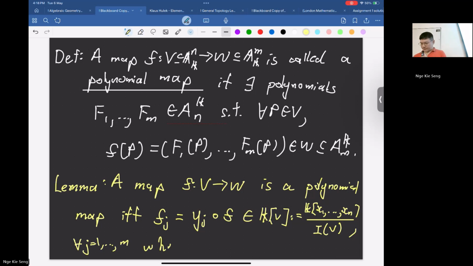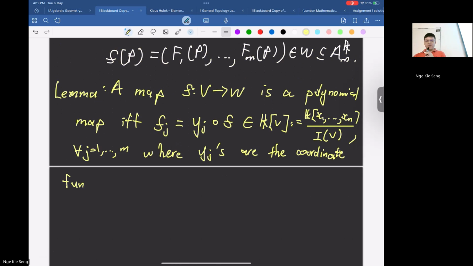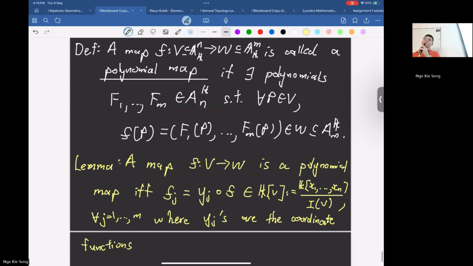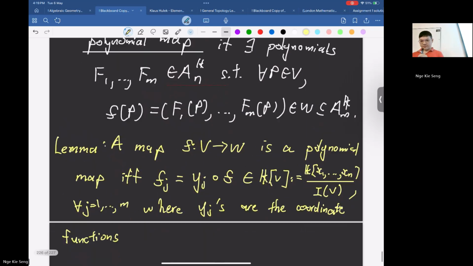These Yj are the coordinate functions. In which space, n or m? In the affine m space, which is the codomain dimension, the dimension of your codomain.